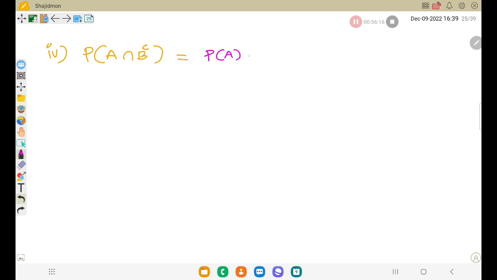Probability of A minus probability of A intersection B, correct, the direct rule here. That means equal to probability of A given in the question, 1 over 4, minus probability of A intersection B given in the question, 1 over 8. You can use the calculator, you will get 1 over 8. So this is the answer to that question. The idea is easy, but we need to be clear on those rules.